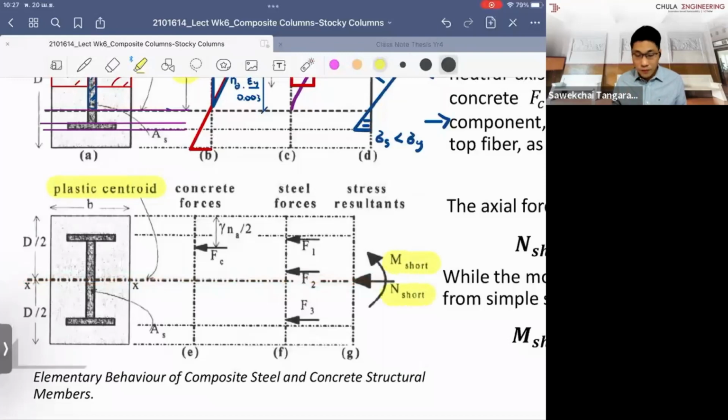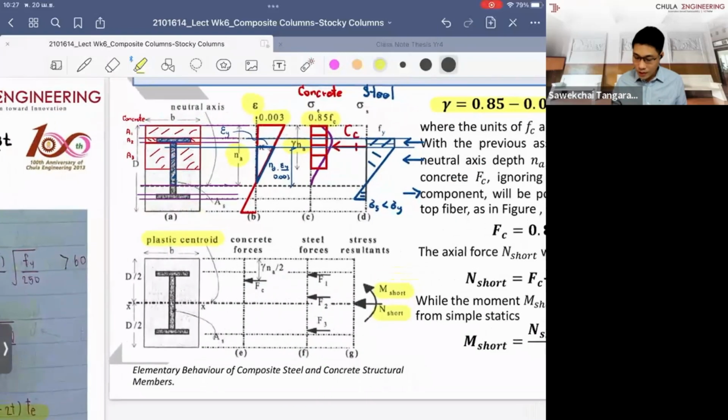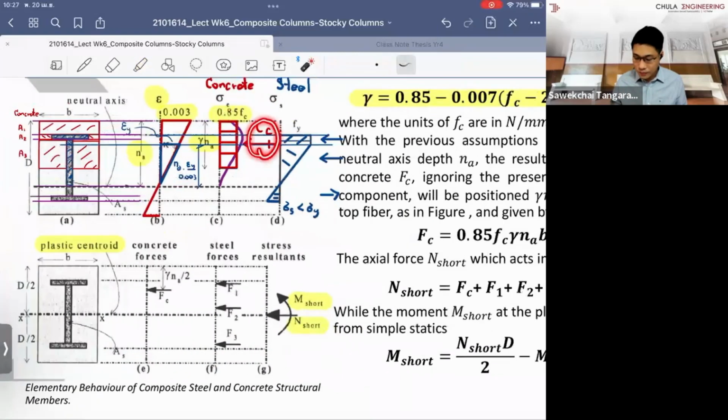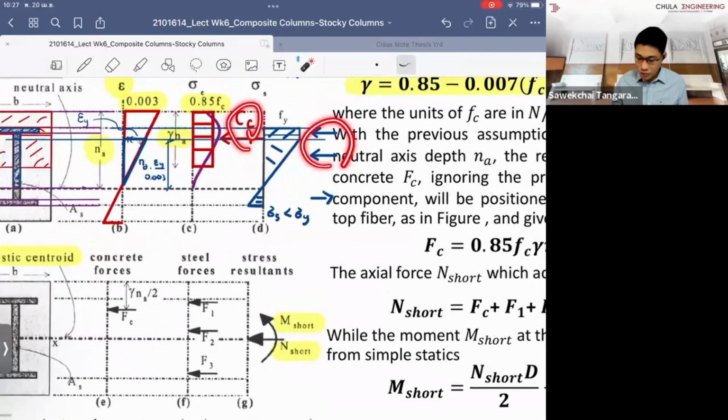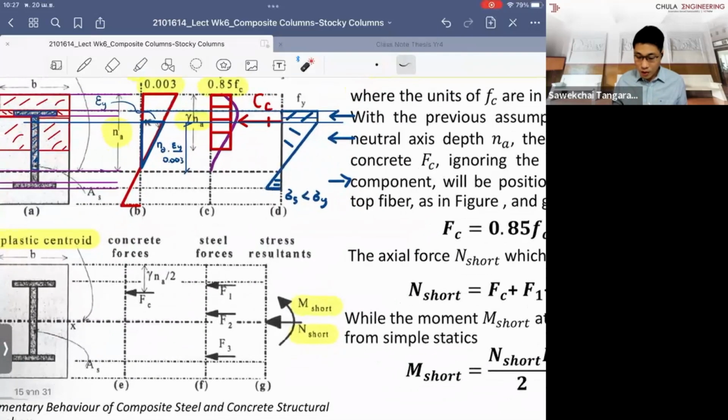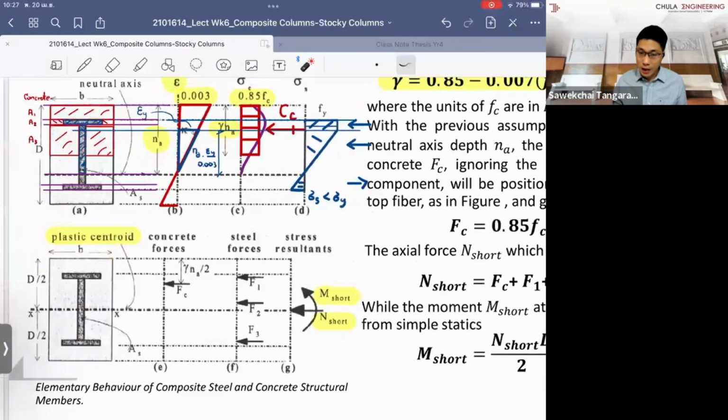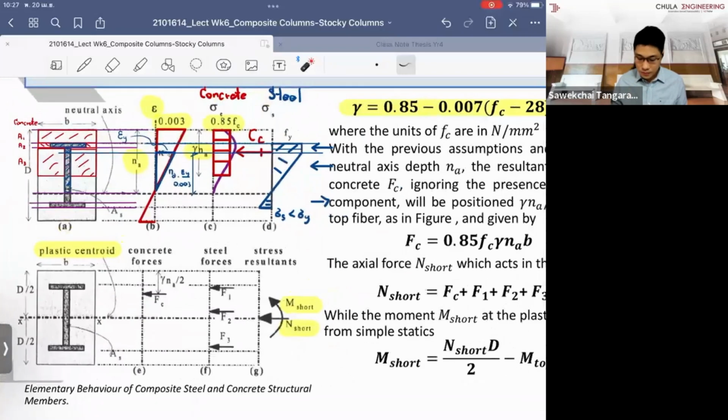The capacity for the axial force is quite straightforward. You just sum the compression force and you subtract the tension that developed in the steel. And whatever is the resultant of the summation gives you the capacity in terms of the axial force for the columns, right?